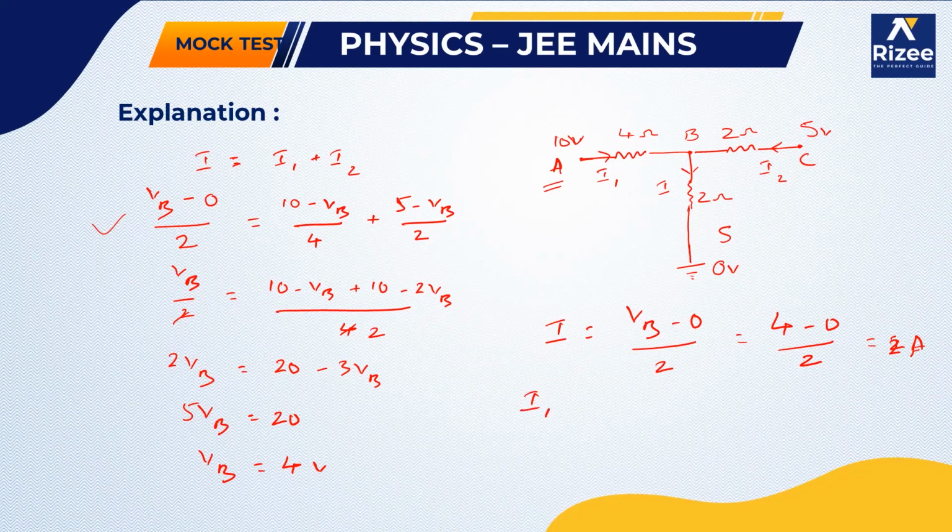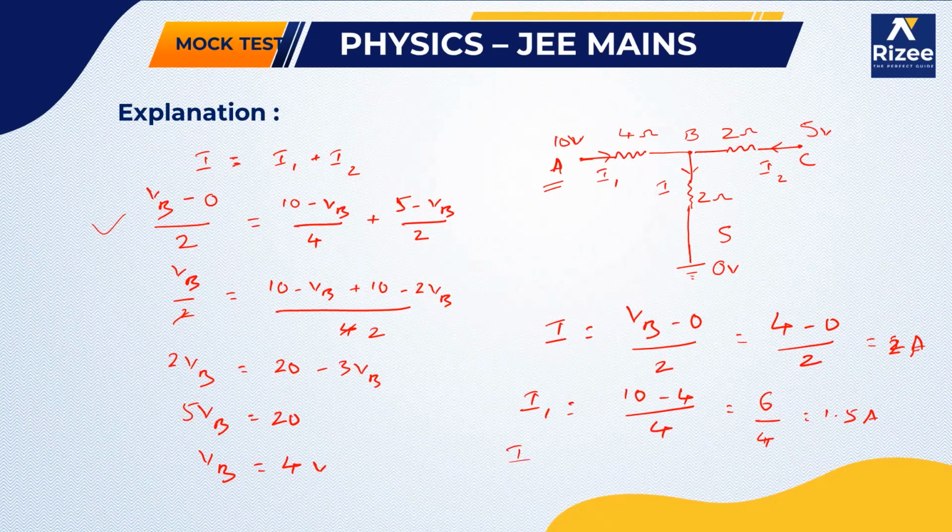You can also find out I1. I1 is equal to 10 volts minus 4 volts VB by 4, which is 6 by 4, that comes out to be 3 by 2, or 1.5 amps.